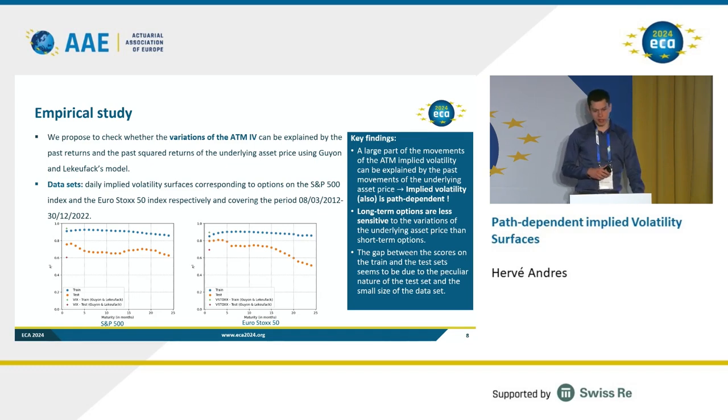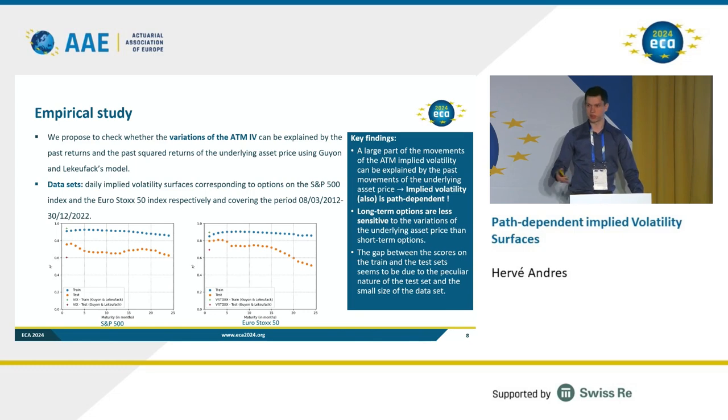And we calibrated the model that I showed you, so the linear regression. The results are on the two graphs: on the left for the S&P 500, and on the right for the Euro Stoxx 50. You have the R2 scores, in blue for the train set and in orange for the test set, for each maturity, because the implied volatility depends on the maturity.